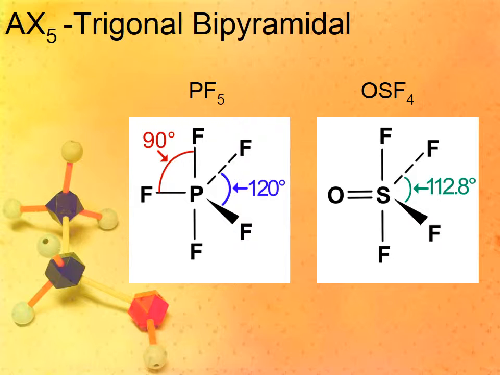As you can see here, the first structure on the left fits the molecular geometry in terms of angles perfectly, whereas the structure on the right that has an oxygen double bonded to sulfur, the double bond being of course a larger cloud, will repel the single bonds at the equatorial plane somewhat and shrink the angle between the 2 fluorine bonds down to 112.8 from 120.